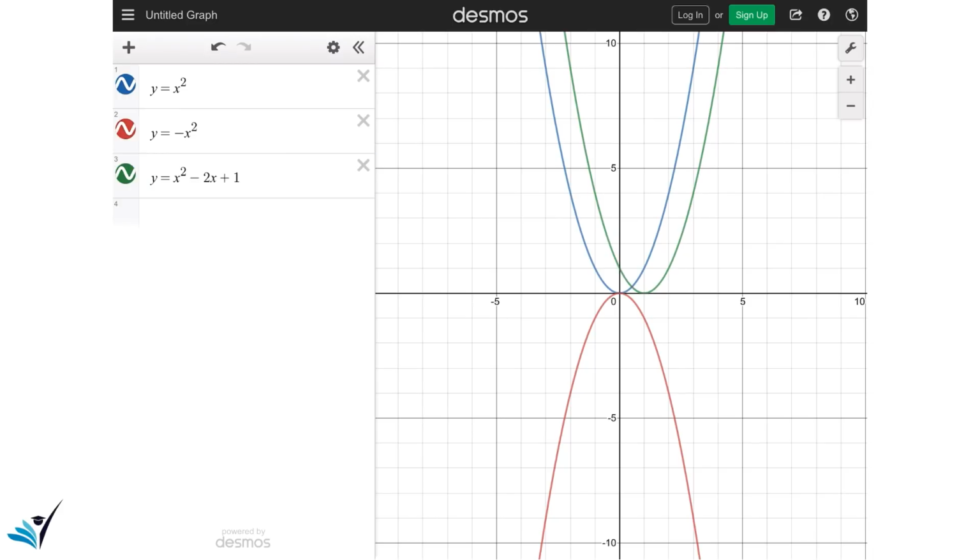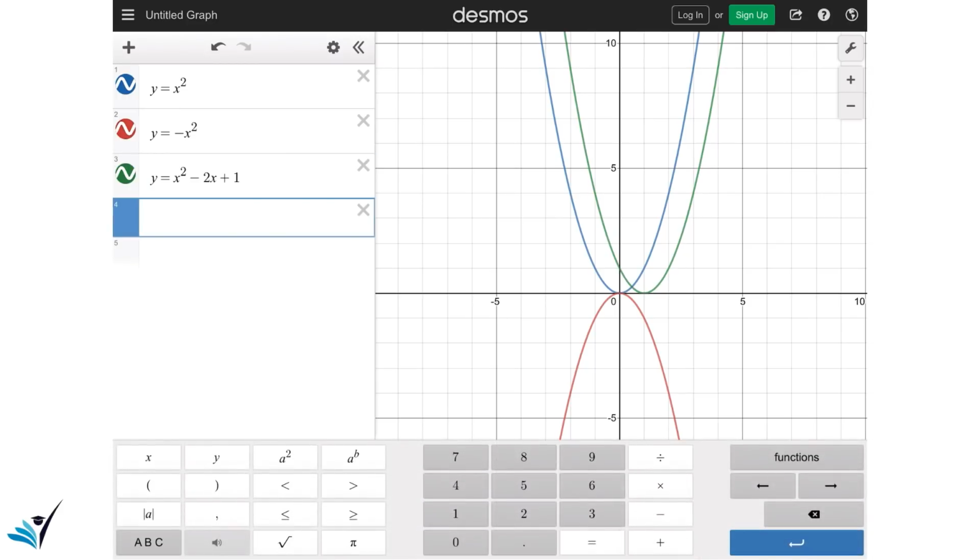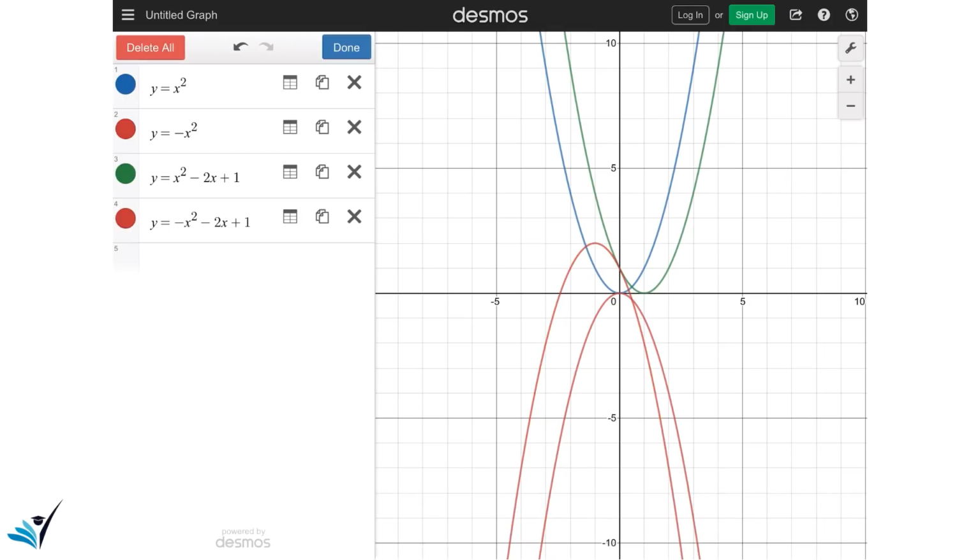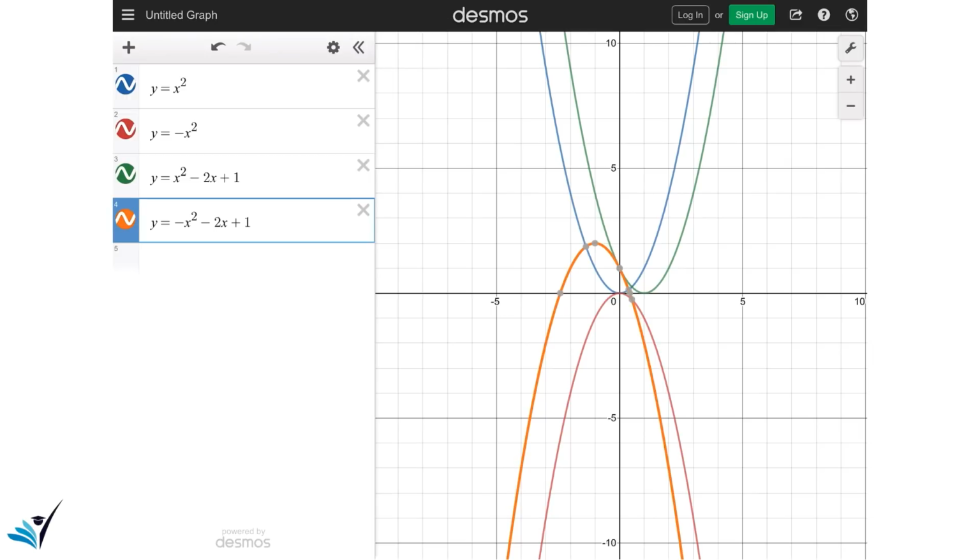Our last example is similar to the previous one, but we change a from 1 to negative 1. So y equals negative x squared minus 2x plus 1. Let me change the color to orange. So the last parabola is downward, and you can guess the reason is because a is negative.